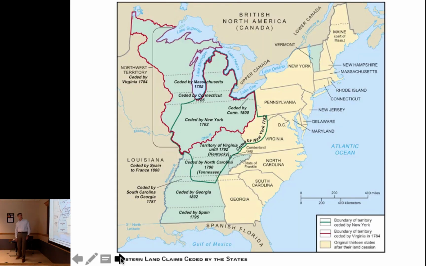And so here's the new United States right after ratification of the Constitution. And you see the new states, and you see these are the Western land claims, actually.